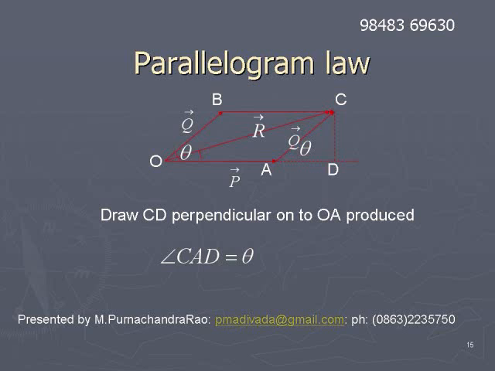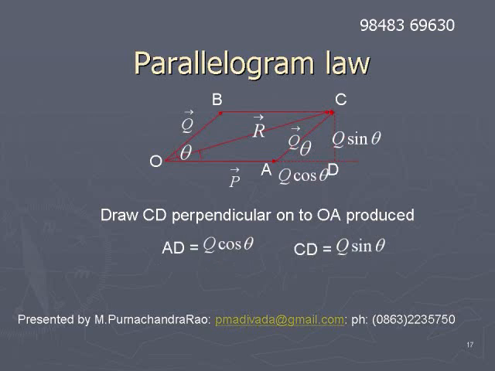AC will be equal in magnitude and direction to Q. Hence, AC is Q bar, and the magnitude of Q bar is Q. So, the component AD is Q cos theta, and the component CD is Q sin theta.